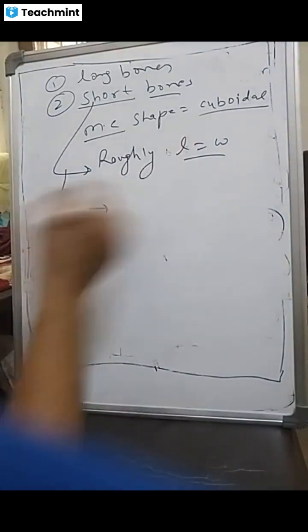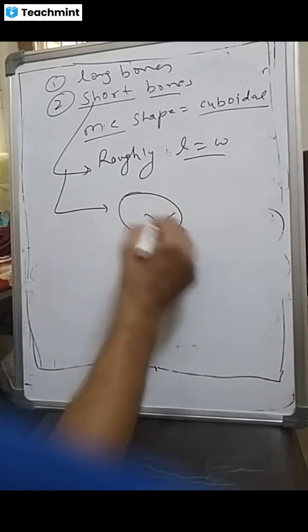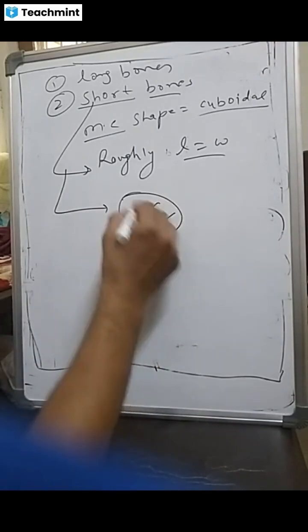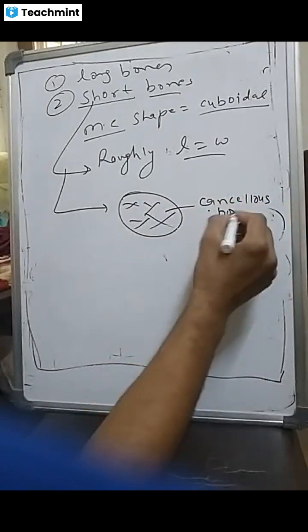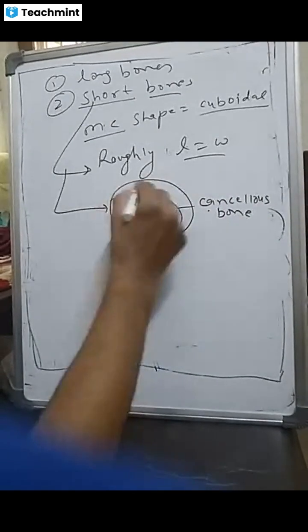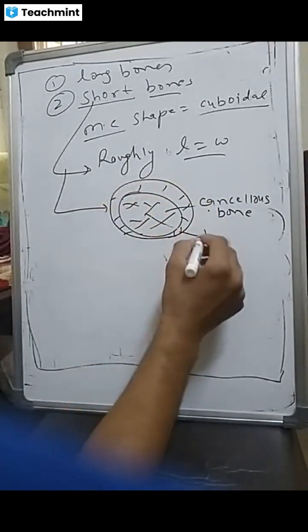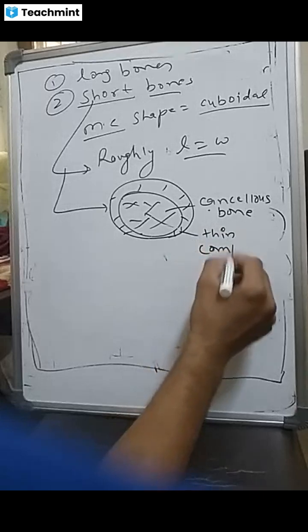If we look at the short bone structure, there is more cancellous bone, which is covered by a thin layer of compact bone.